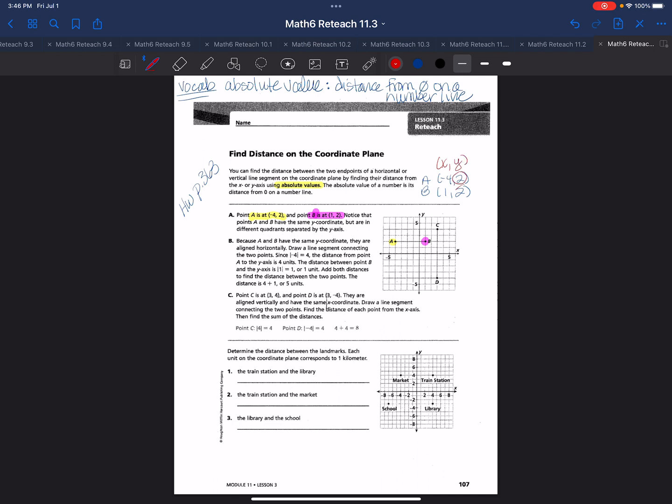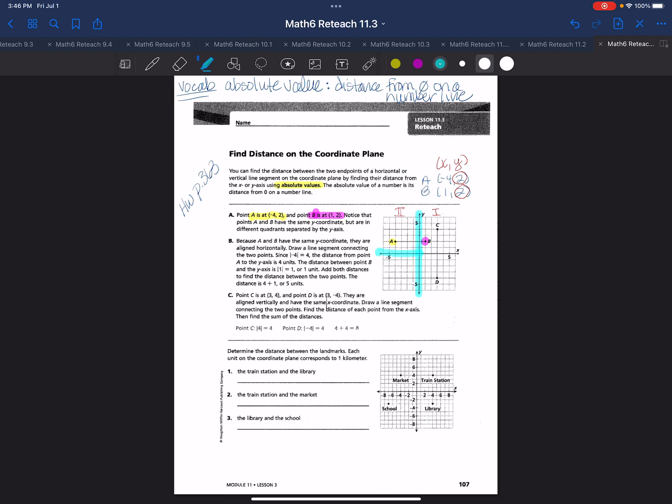So we're looking here, they have the same y coordinates, but are in different quadrants. So we can look and we know that B is in quadrant 1, and we know point A is in quadrant 2. And they are separated here by the y-axis.